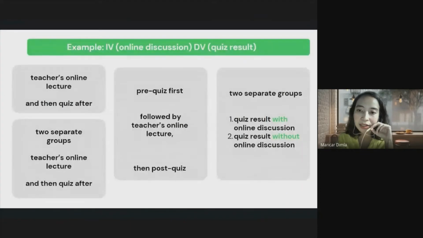Okay, I have here an example. We have here our IV and our DV, wherein our independent variable is the online discussion, like we are doing right now, and your dependent variable is the quiz result. Now imagine, pay attention to this.